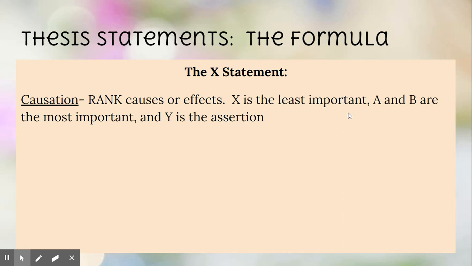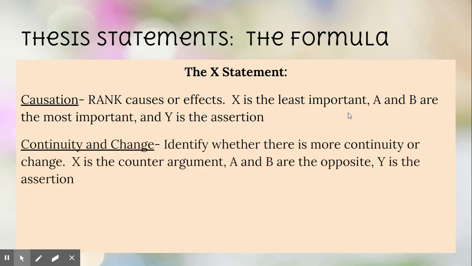However, taxation and their principles of self-government are the main reasons. So there's X, A, and B, therefore Y. If it is a continuity and change type of question, in that case, do what I did in that previous example. Decide and take a position as to whether or not there is more continuity in that example. Does this represent more of staying the same? Or is it more of a change?